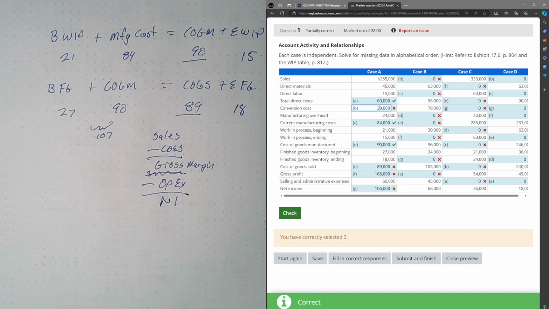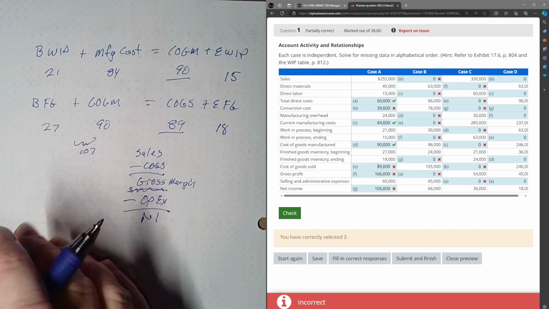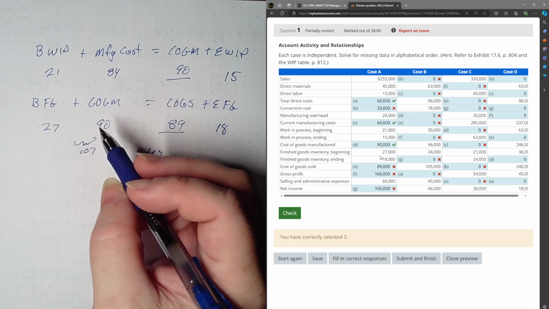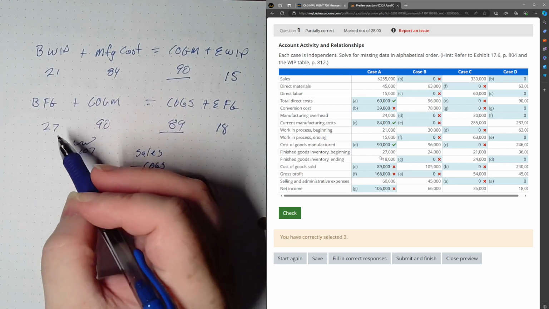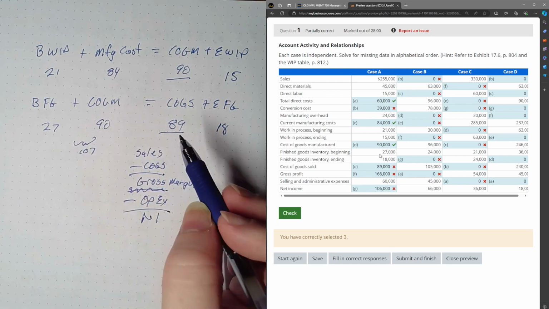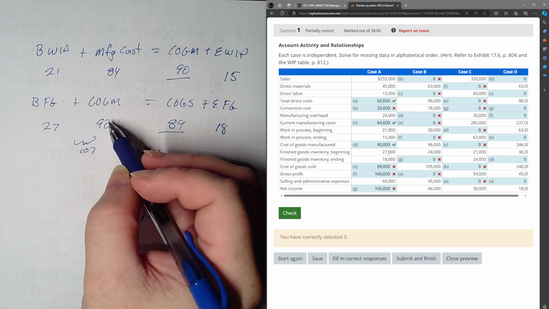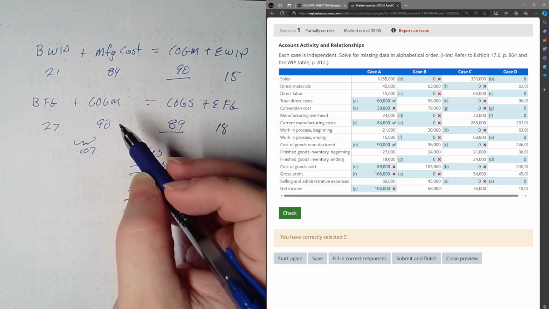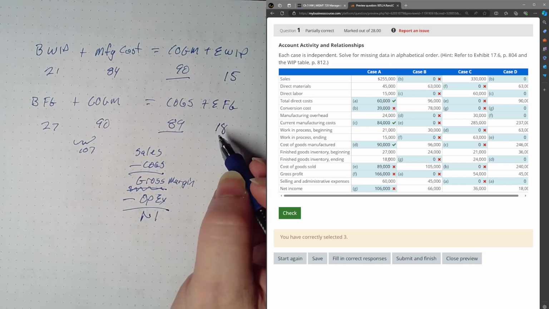So somehow I added those correctly. Cost of goods sold, somehow I did a miscalculation here. So if we say finished goods inventory beginning is 27, cost of goods manufactured is 90, finished goods inventory ending is 18.